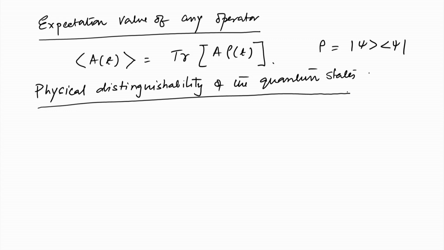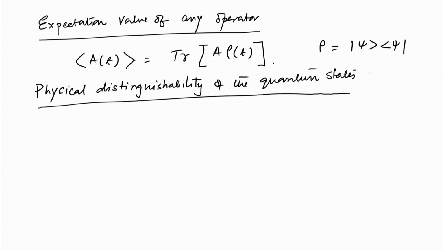We want to ask the question: given two quantum states, say psi 1 and psi 2, how distinguishable are they, or what is the distance between them. This word distance should not be misinterpreted as a physical distance; it is about how different they are.